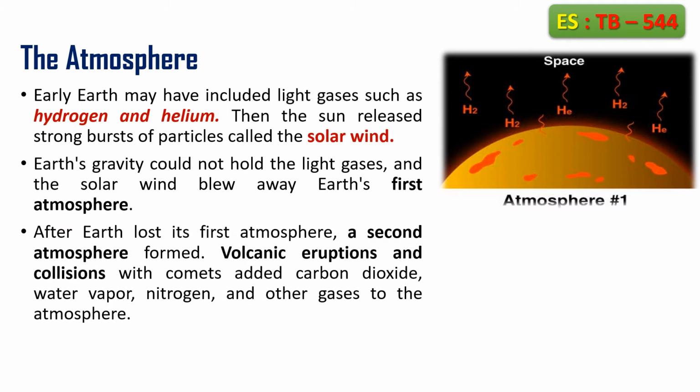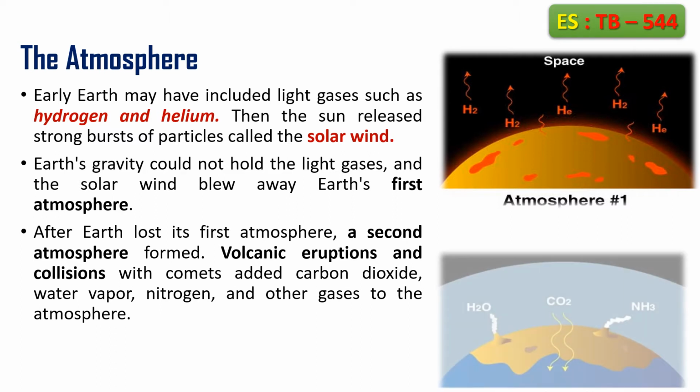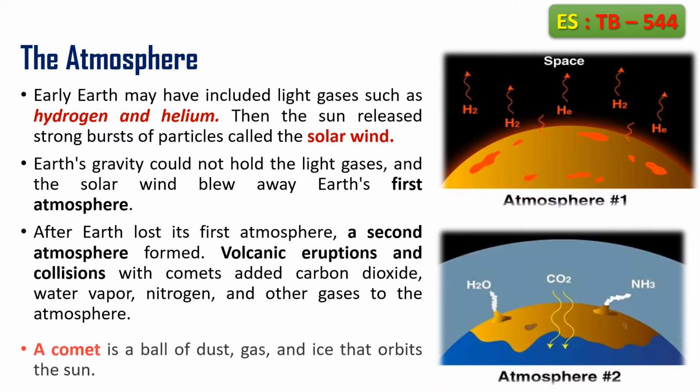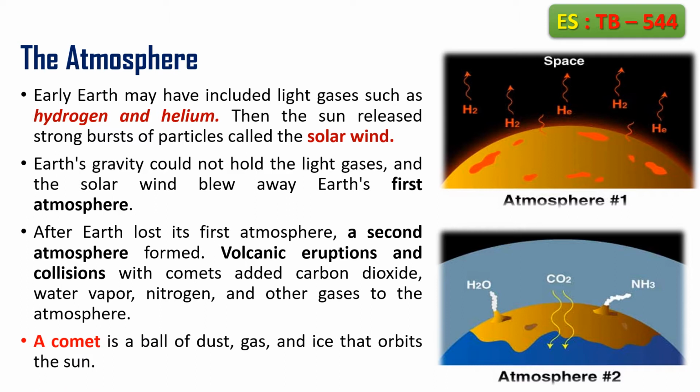After Earth lost its first atmosphere, a second atmosphere formed. Volcanic eruptions and collisions with comets added carbon dioxide, water vapor, nitrogen and other gases to the atmosphere. Look at the diagram.